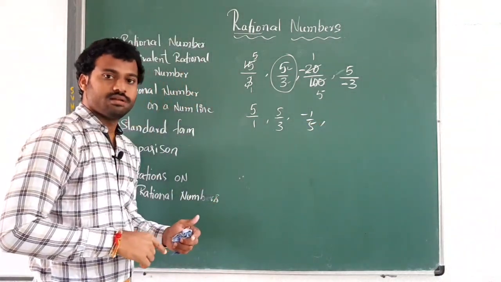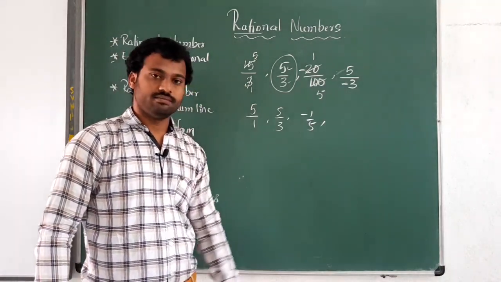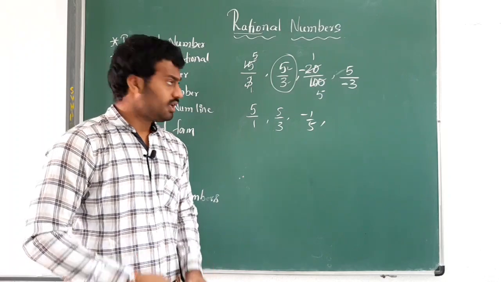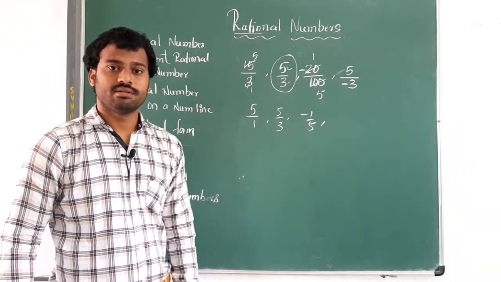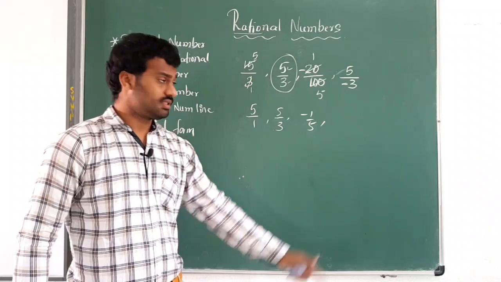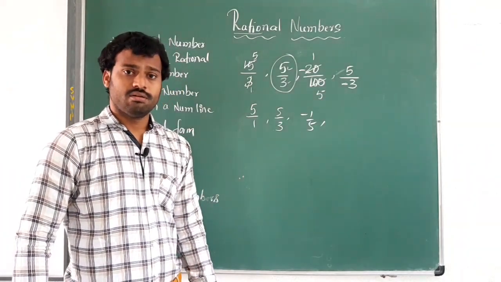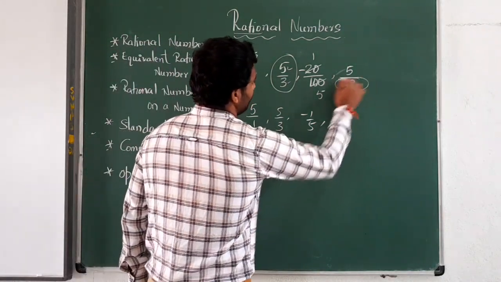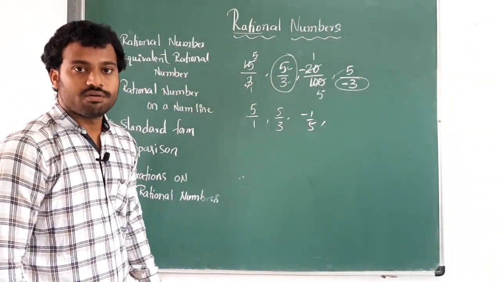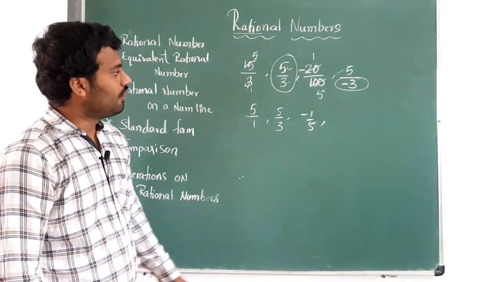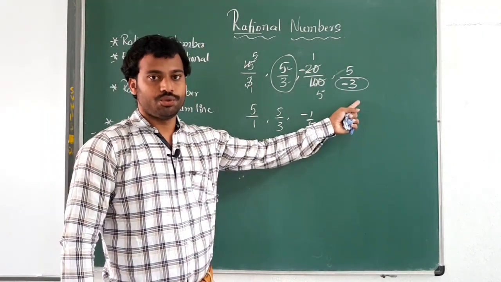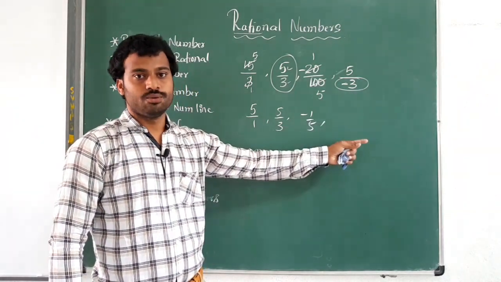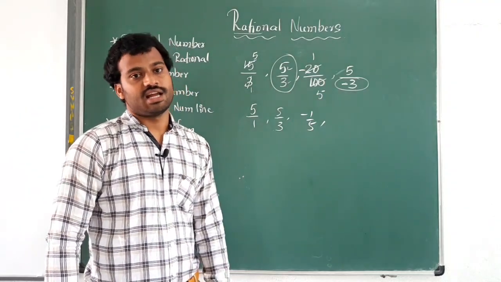So the question arises here: 5/-3. There is no common factor. Even then, why is it not in the standard form? Because of the denominator. Always the denominator should be positive; then a rational number is in the standard one.